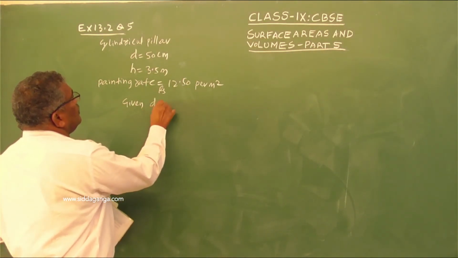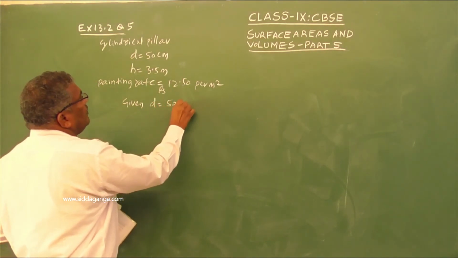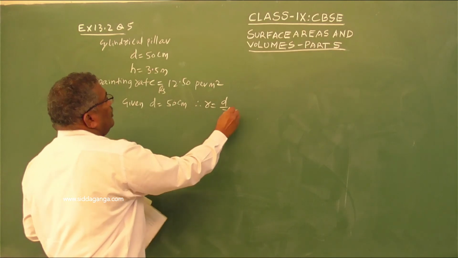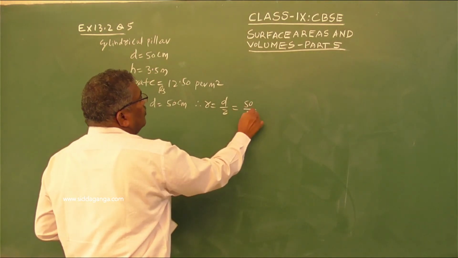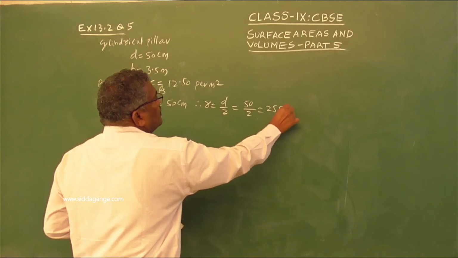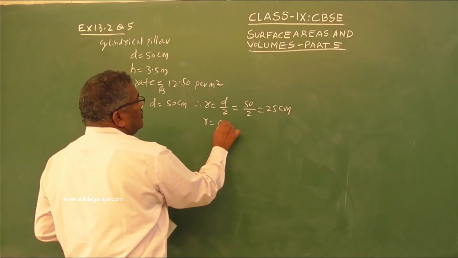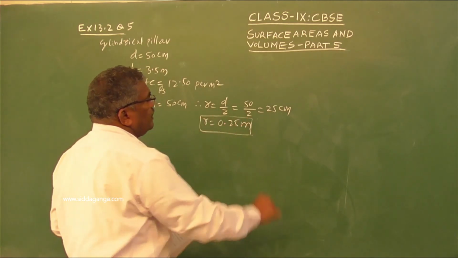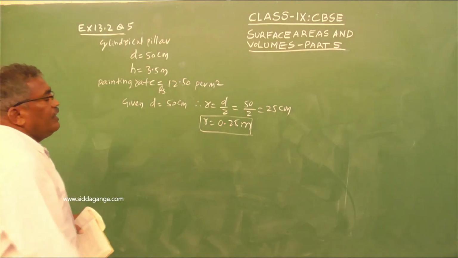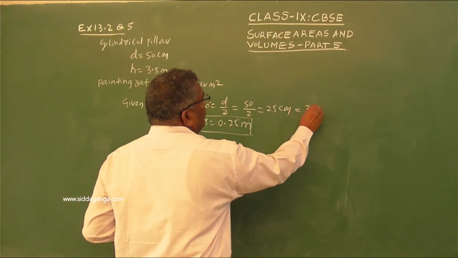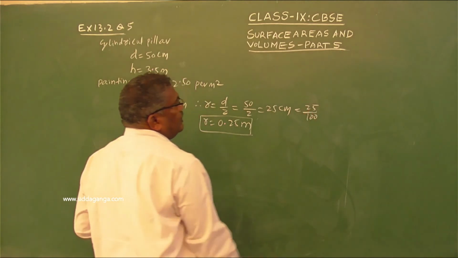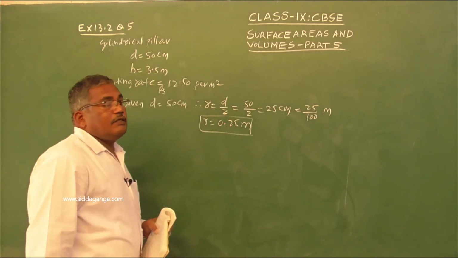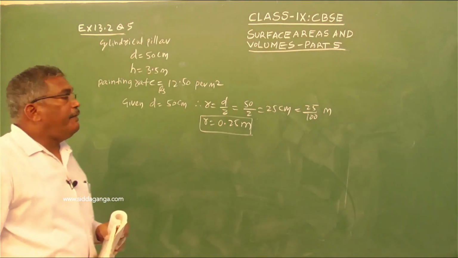Given D is equal to 50 centimeter, therefore R is equal to D by 2, 50 by 2, is equal to 25 centimeter. R is equal to 0.25 meter. So have this in meters. So 25 centimeter equals 25 divided by 100, because 100 centimeter is 1 meter, that is 0.25 meter.